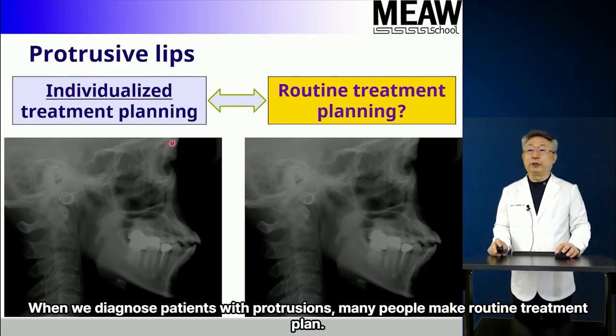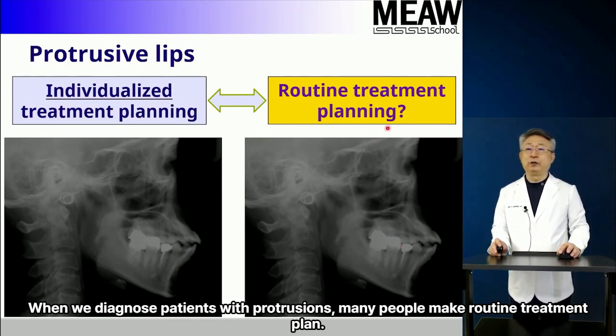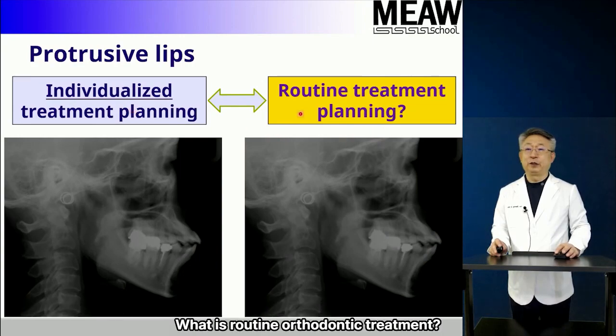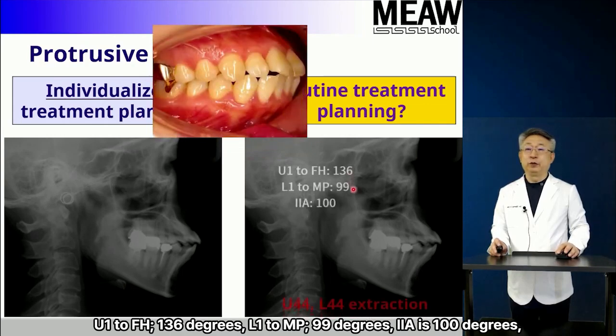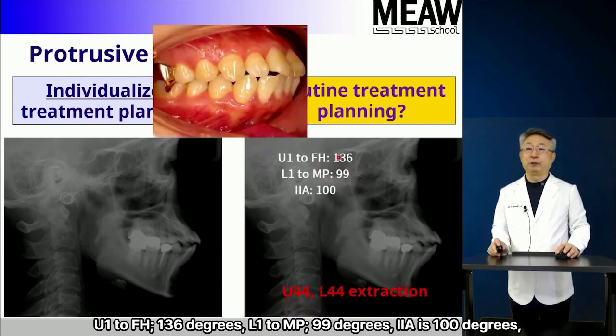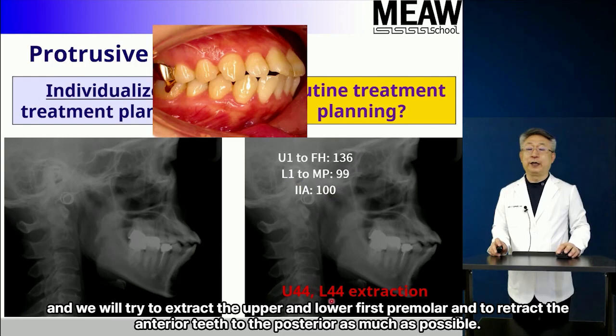When we diagnose patients with protrusions, many people make a routine treatment plan. What is routine orthodontic treatment? U1 to FH is 136 degrees, L1 to MP is 99 degrees, IIA is 100 degrees, and we will try to extract the upper and lower first premolars and retract the anterior teeth to the posterior as much as possible.